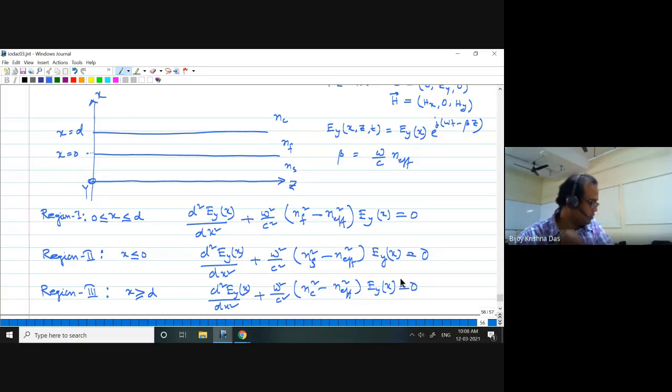So we have these three equations, and let me just define them. For the moment, we can say equation 1, equation 2, equation 3.